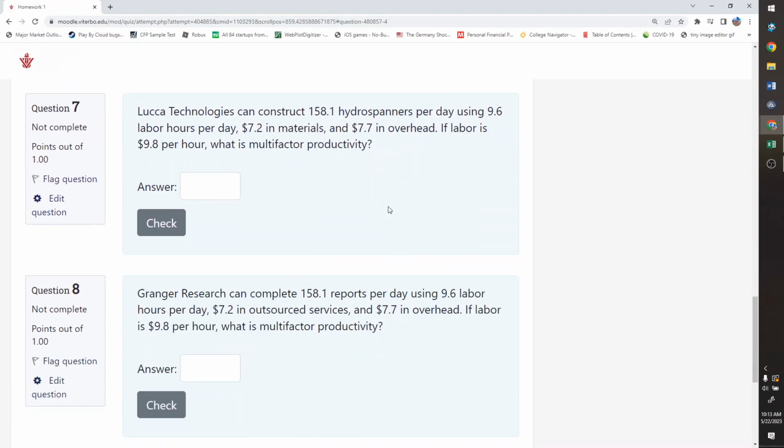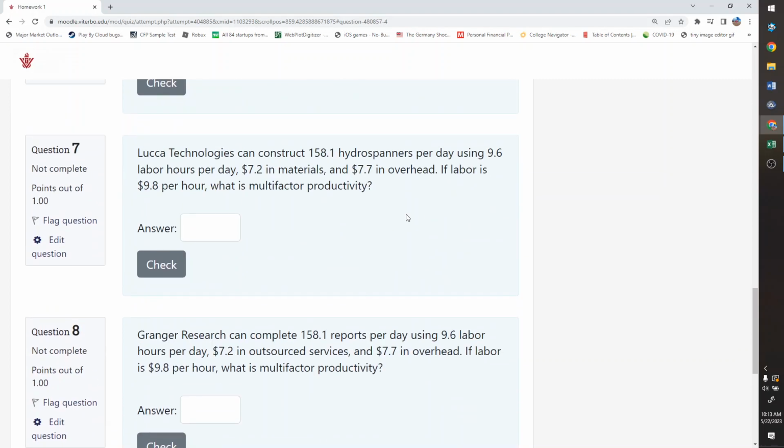Now, 7 and 8 are multi-factor productivity. So multi-factor productivity is when we have multiple inputs. So you can imagine having labor and materials. Well, that's going to force some kind of equivalency between those two things, right? It doesn't make sense to say I reduced labor by 1 and materials by 2, because labor might be measured in hours and material might be measured in kilograms.